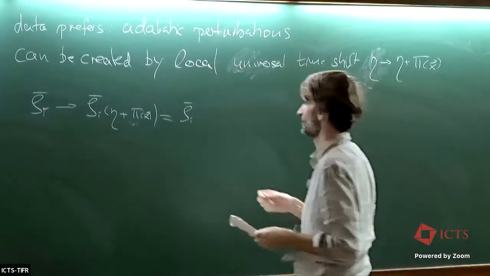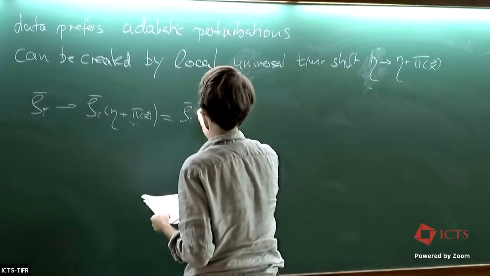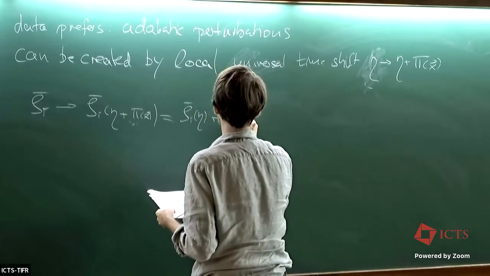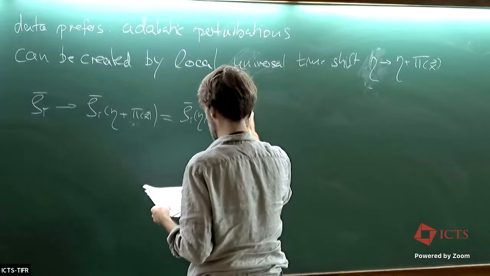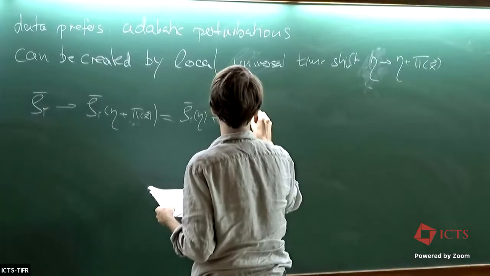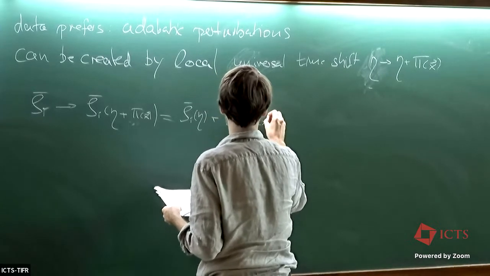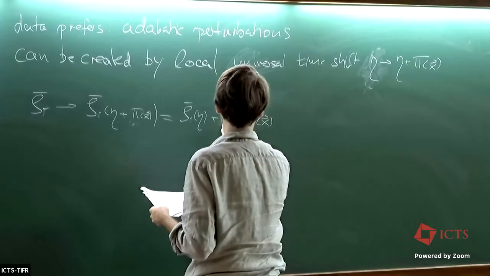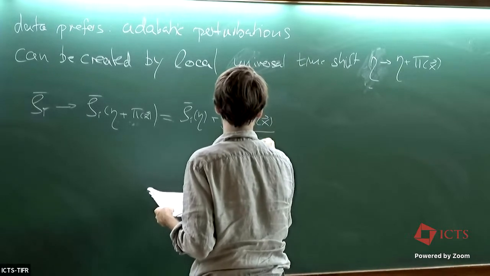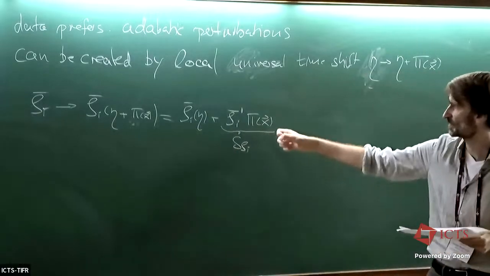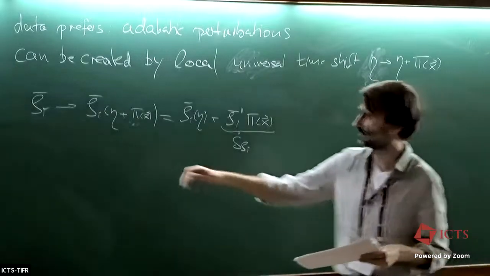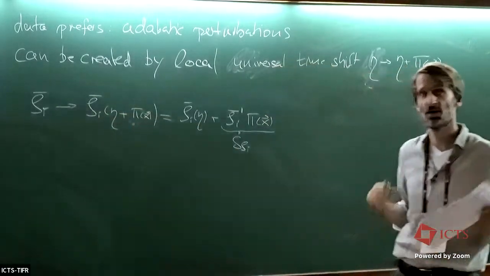You look at small perturbations, you can Taylor expand it. So you get the background value plus rho I primed times pi of x. This is what you call your adiabatic perturbation. So you see it's small because it's multiplied by pi, and it has arisen from doing a time shift. So how to think about it?